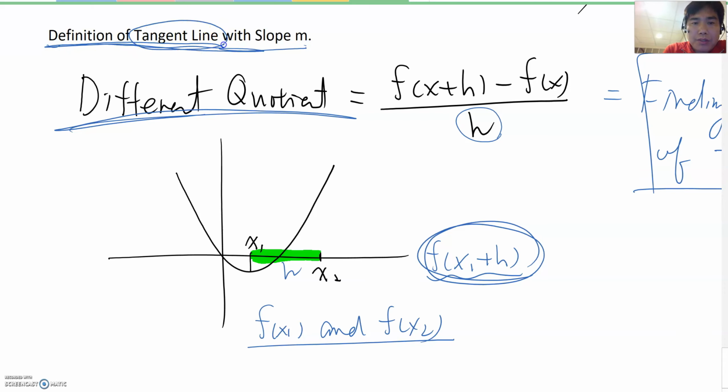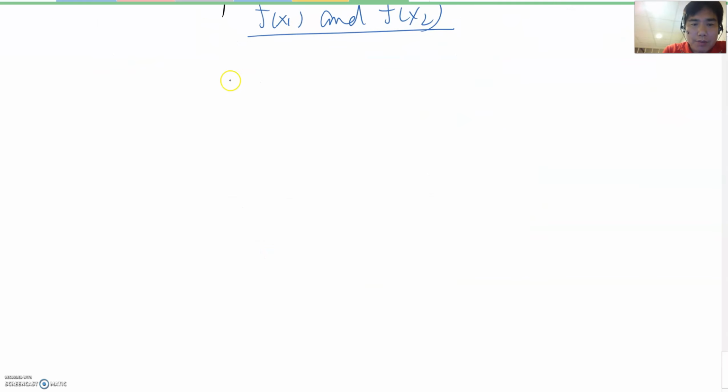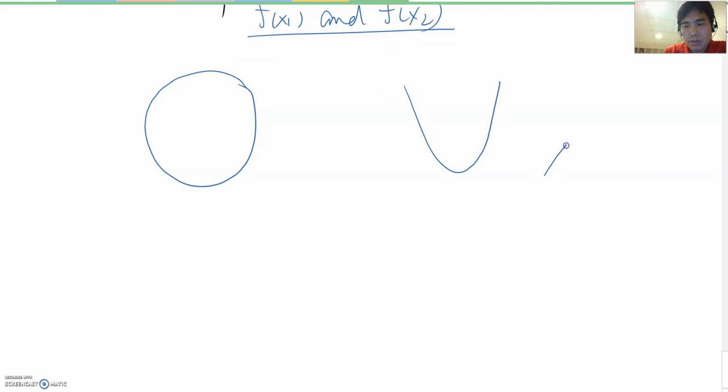Okay, now we want to actually talk about the definition of tangent line with slope m. What does tangent line mean? Tangent line means whenever we have any object, it can be just a circle or curve, something like this, then we define any line that intersects exactly 1 point.